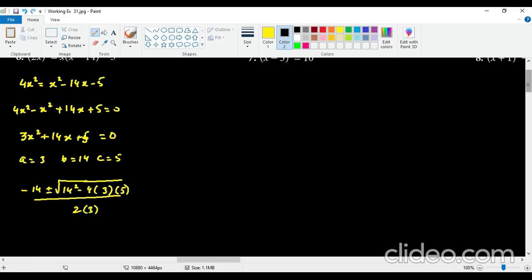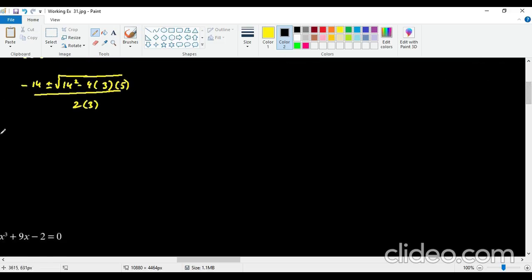Now simplify, so it gives us negative 14 plus minus under root 14 times 14 is going to give us 196, and this calculation gives us 60, over 6. Now we have to find minus 14 plus minus 196 minus 60, which is going to give us 136 over 6. Now we can find the value.